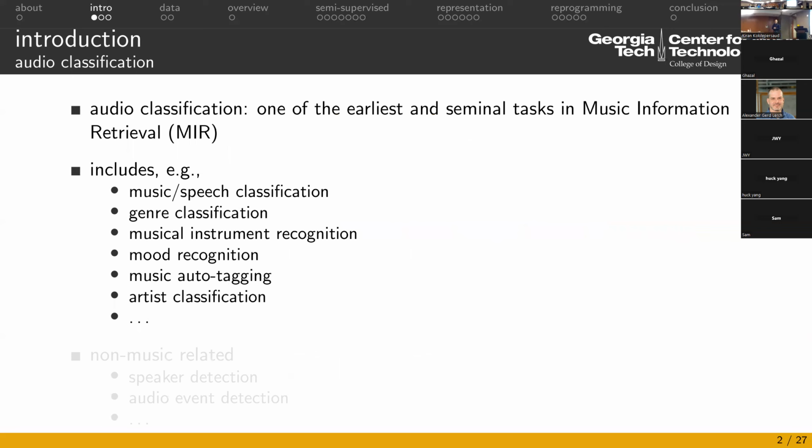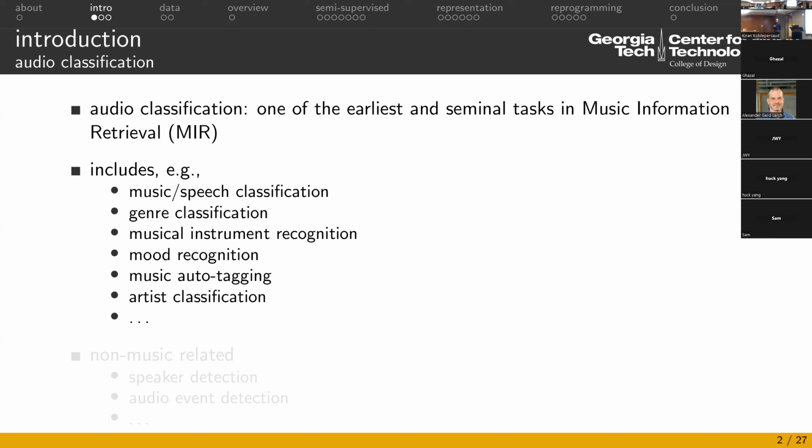So today I want to talk about audio classification, and the first 3 slides are really this very broad layman introduction of this. So if we talk about audio classification, I work in the field that is called music information retrieval, and classification is actually one of the really seminal tasks for this field. In the early 2000s, there were the first systems, or actually in the 90s already, with speech music classification and so on.